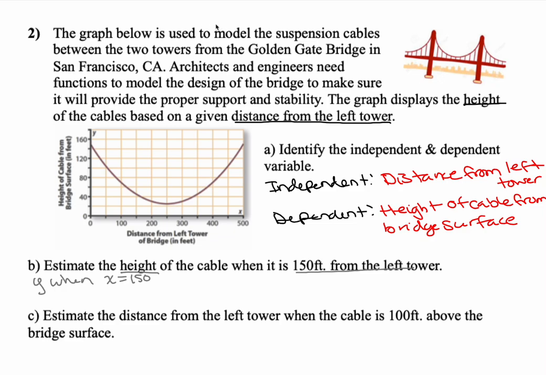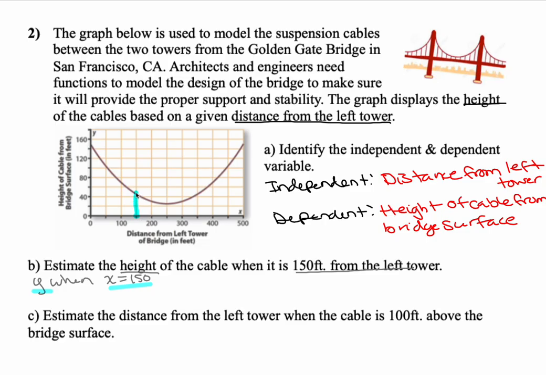So if we go and look at our graph, I'm going to use a blue highlighter. I'm going to go to 150 on the x, and I want to find the y value. So I go to 50, 100, 150 on the x, and I go up to the function.